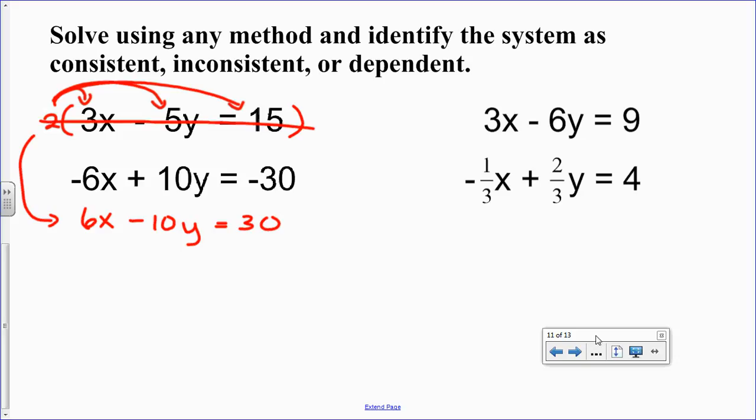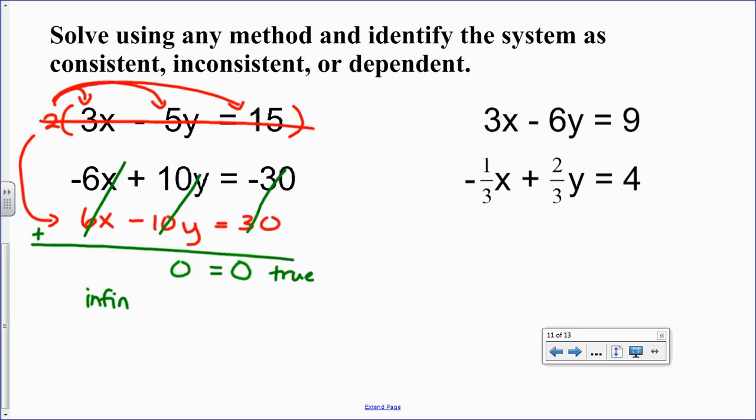Okay. Now that I have opposites, I can add. So 6 and negative 6 cancel. But then I do 10 plus negative 10. Well, that also cancels. So if everything cancels, that means I have a 0. And then negative 30 and 30 is also 0. Is that true? Does 0 equal 0? Yes. So this has infinitely many solutions.